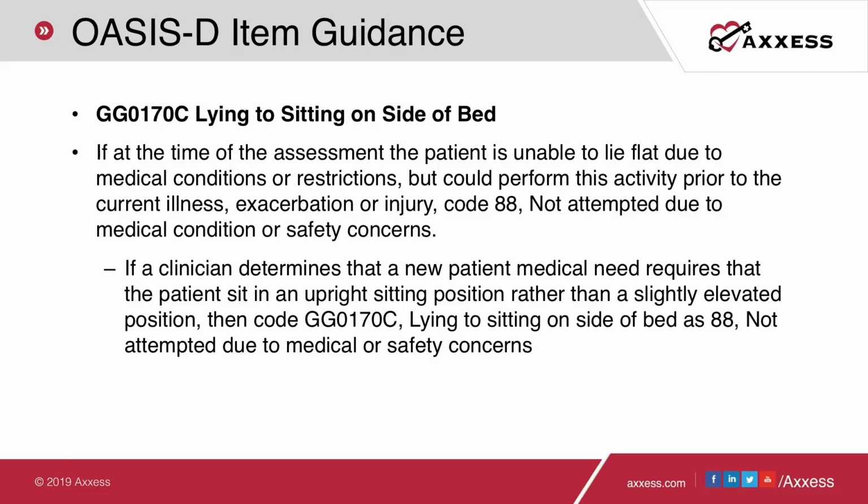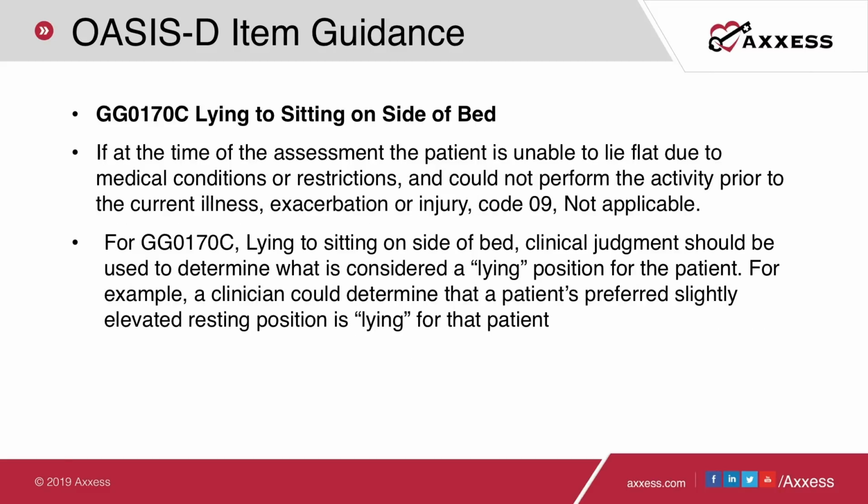If at the time of the assessment the patient is unable to lie flat due to medical conditions or restrictions, but they could perform this activity prior to current illness, exacerbation, or injury, you code 88, not attempted due to medical condition or safety. However, if the clinician determines that a new patient medical need requires that they sit in an upright position rather than a slightly elevated position, then code GG0170C lying or sitting on the side of the bed as an 88 as well.